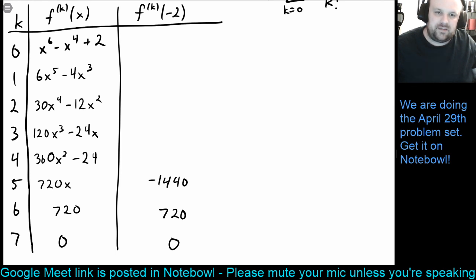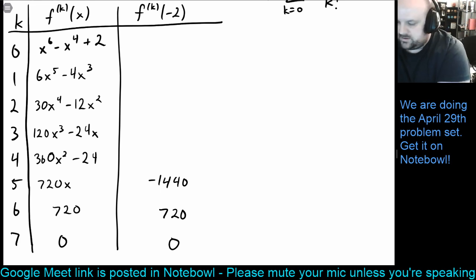So I'm going to use Mathematica to do this. Let's see here. f is x to the 6th minus x to the 4th plus 2. I'm going to do the derivative of f at x, and let's evaluate at -2.